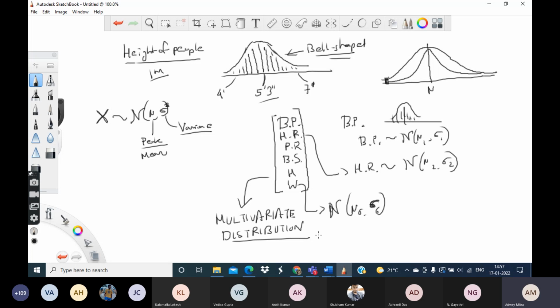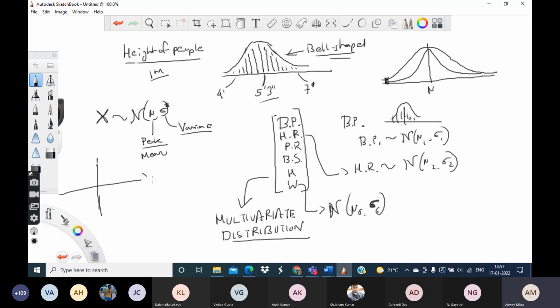Okay, so in that case, what it actually means is that instead of considering only the real axis, let us consider a higher dimensional space. A higher dimensional space might be difficult to visualize initially, so let us say initially the two-dimensional case.